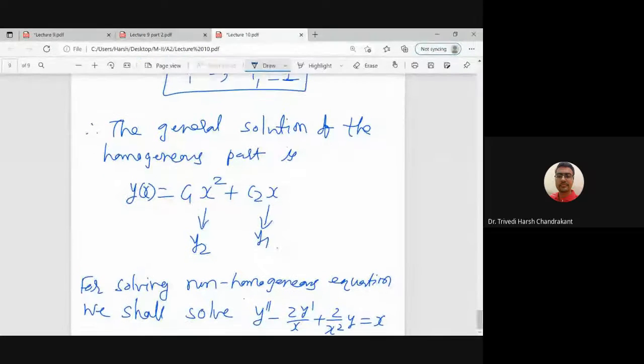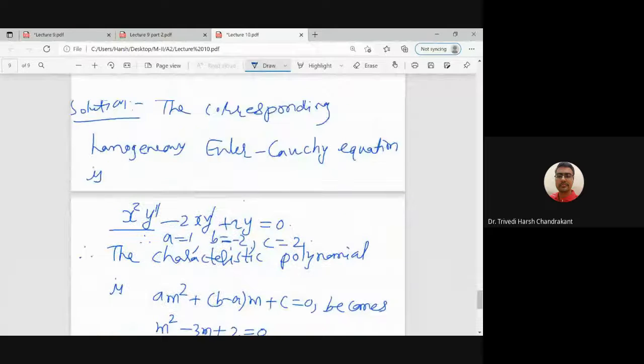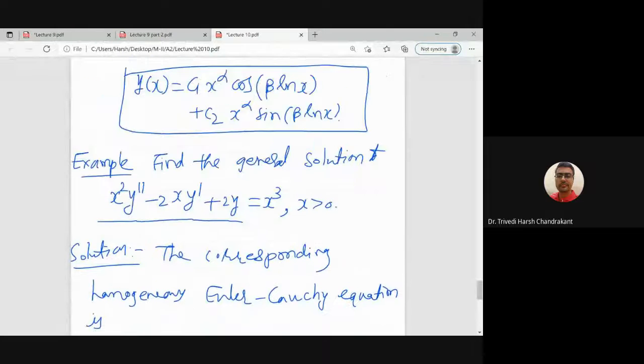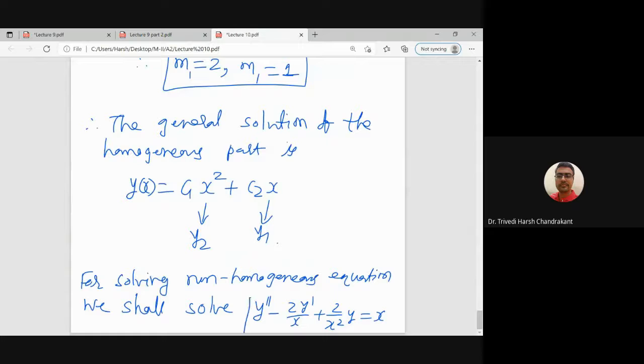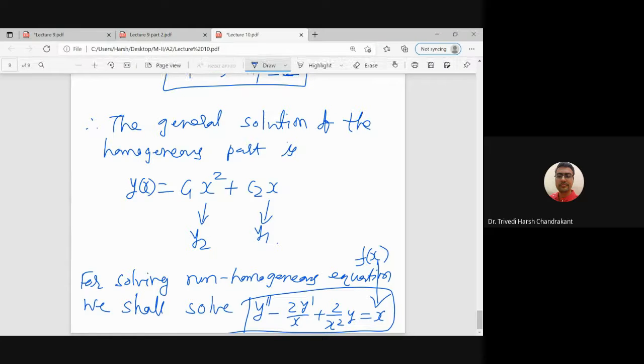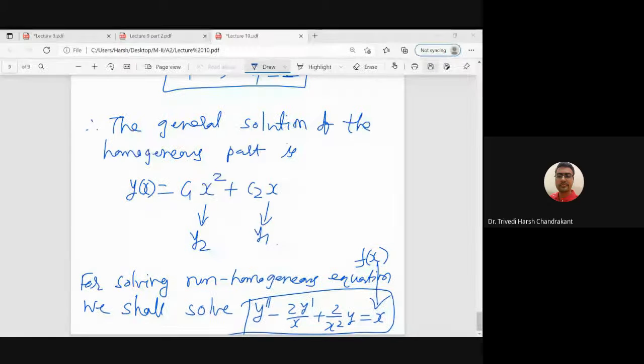Right, so what we did is we were given this equation. To make the coefficient of y double dash 1, we have divided the whole equation by x square. So we got this last equation, and now this function is f(x). We know y1 and y2. We will find the Wronskian, and then we can solve this equation. Okay, so let me stop here for today's lecture.